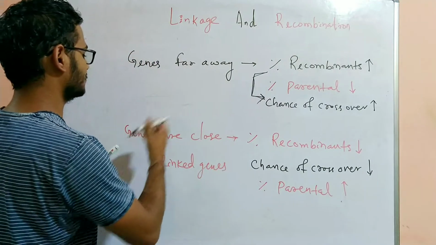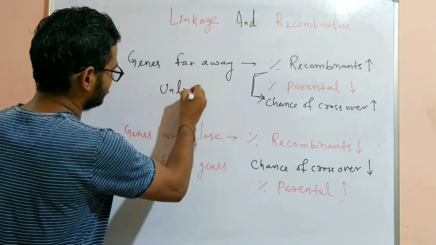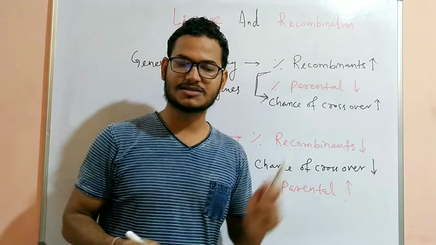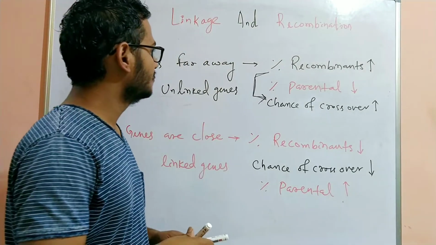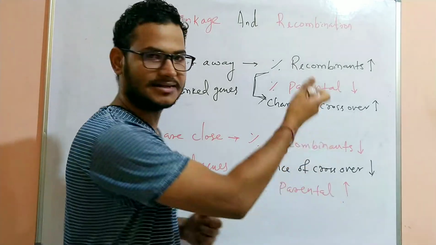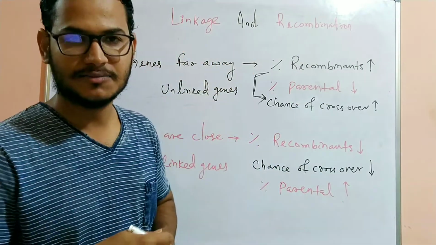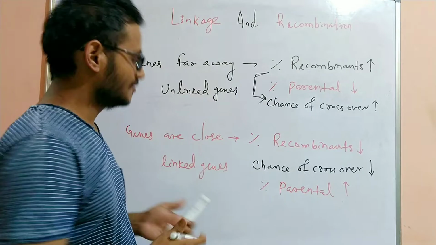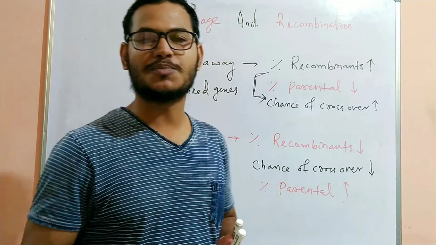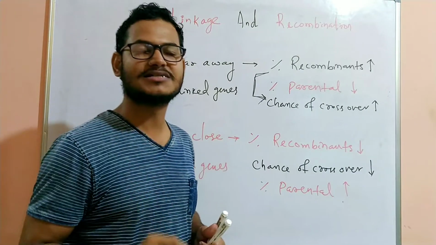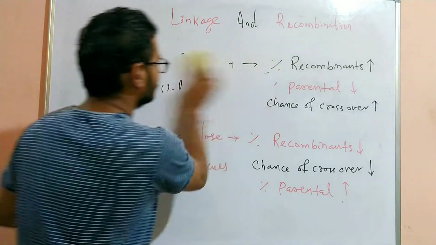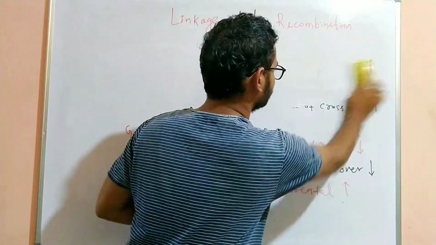And in this case, these are unlinked genes. So in case of unlinked genes, less parental character is seen. In case of linked genes, parental character is higher in percentage. From these we can also write down that linkage frequency is proportional to 1 by the distance between genes.